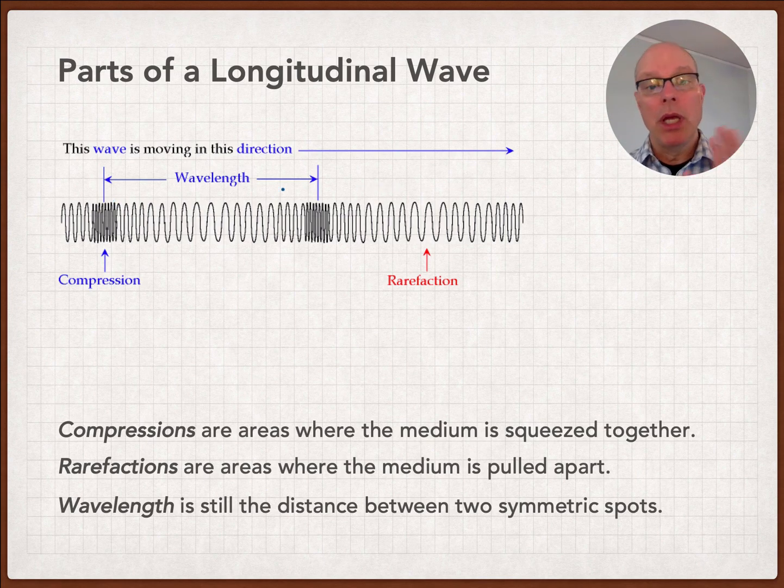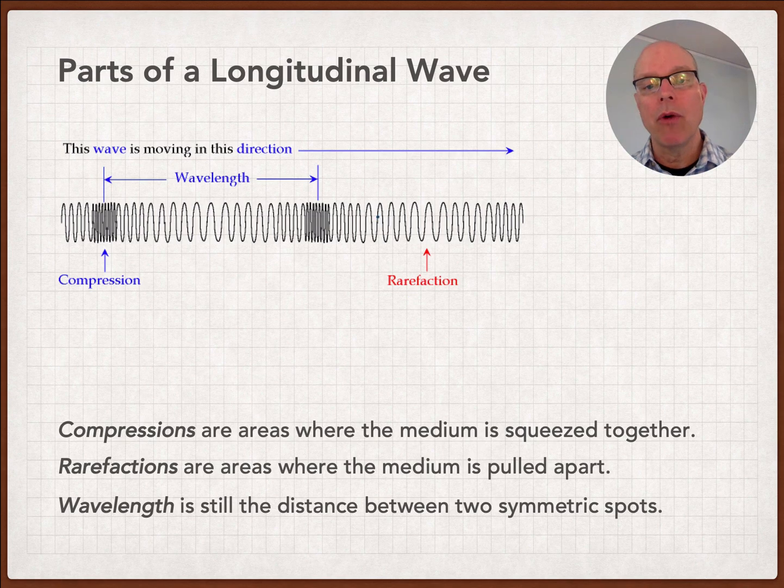So everything being equal, if the idea of a compression is like a wave crest, then there must be something that's comparable to a wave trough. And there is. It's called a wave rarefaction. And the reason is when you push on the slinky to make an actual wave, you have to also pull back.